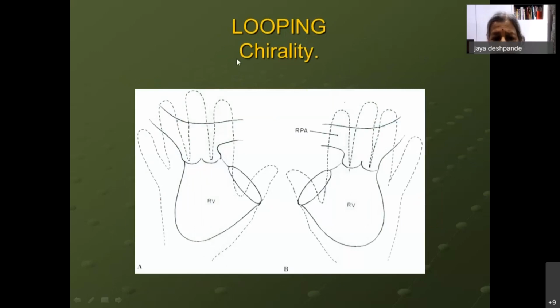Some people describe looping in terms of chirality, that is a right-handed pattern or a left-handed pattern.